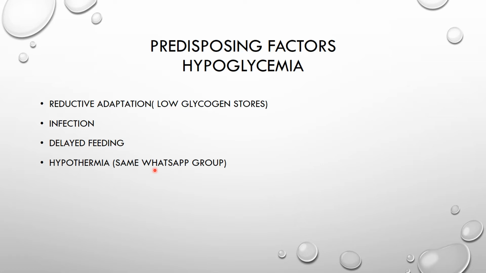So if the patient is hypothermic and malnourished, they are prone to going into hypoglycemia. And we know that if the patient is hypoglycemic, they also develop hypothermia because they are failing to generate heat. So that's why we say hypothermia and hypoglycemia are in the same WhatsApp group.